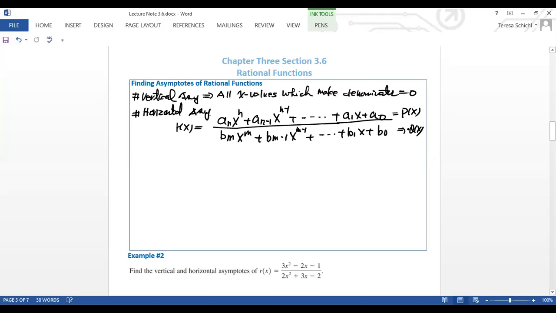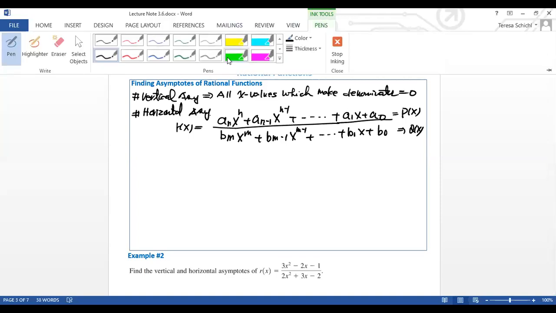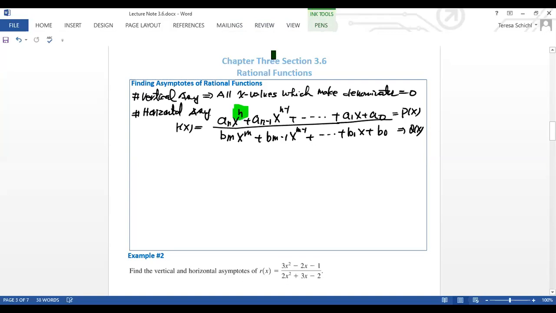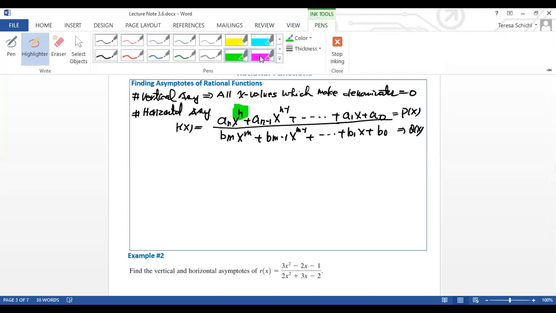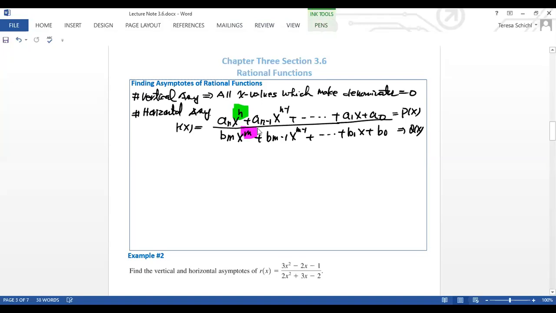So the most important part for the asymptotes is you decide by the power. You compare the top power versus the bottom power, because when x approaches infinity, the only thing that matters is the highest exponent. So these are the rules for the asymptotes.